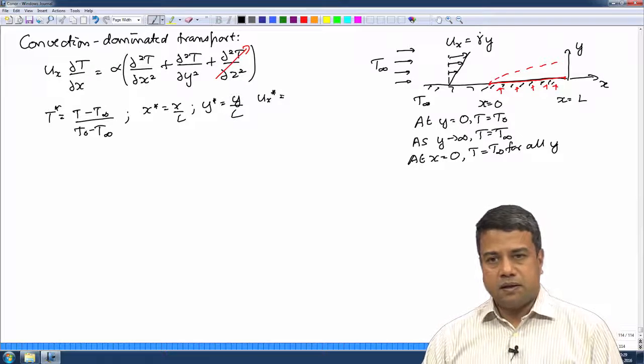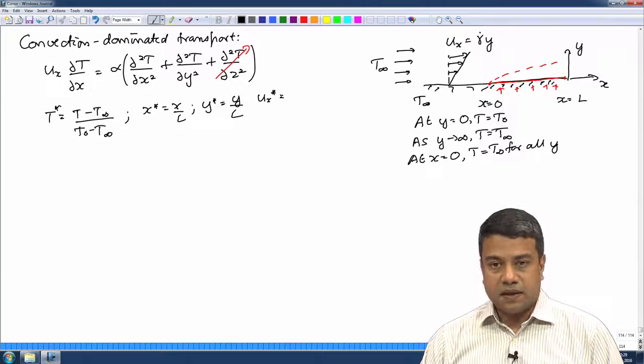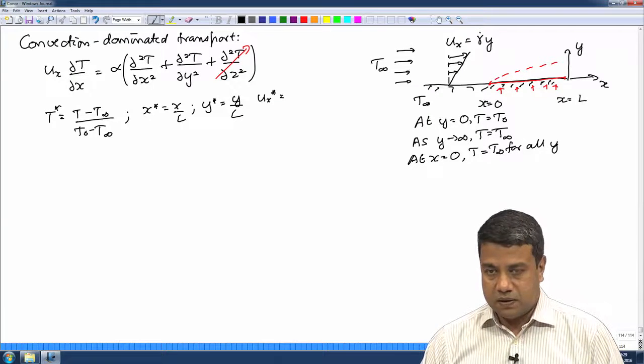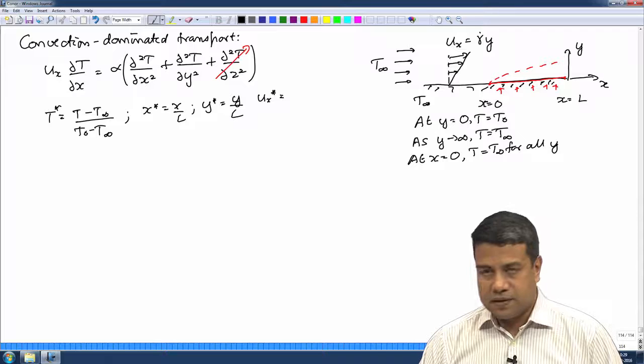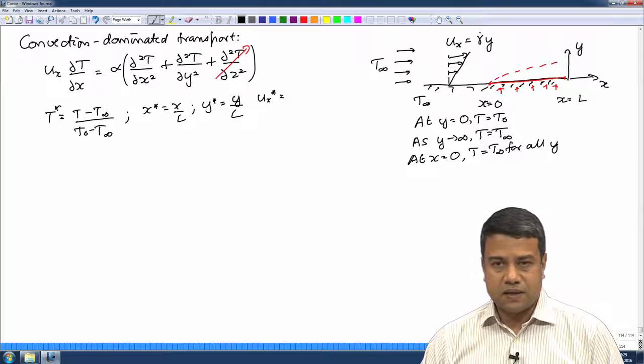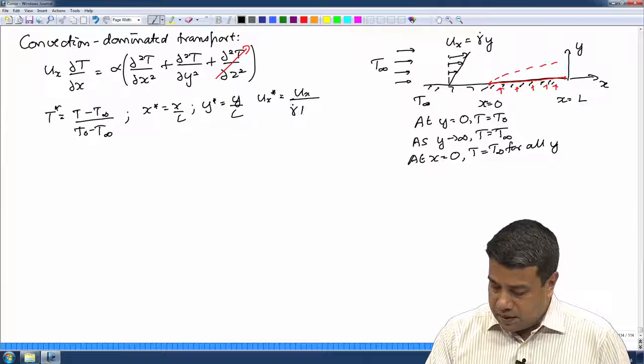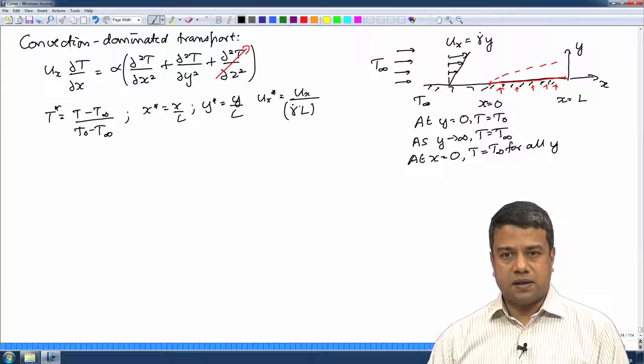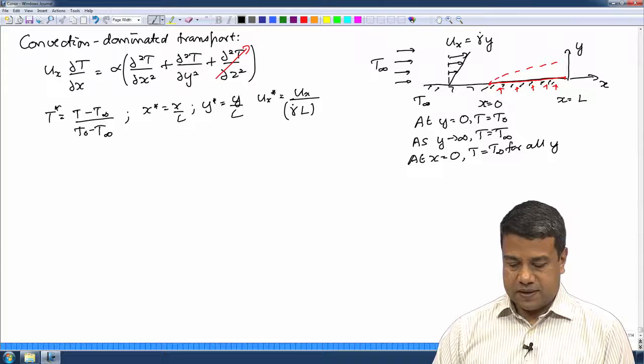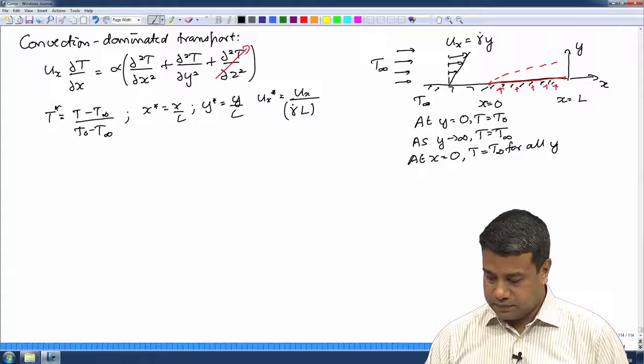In this particular case, we only have the strain rate at the wall. Therefore, I have to scale ux by gamma dot L. That is the only scale that I can get for ux.